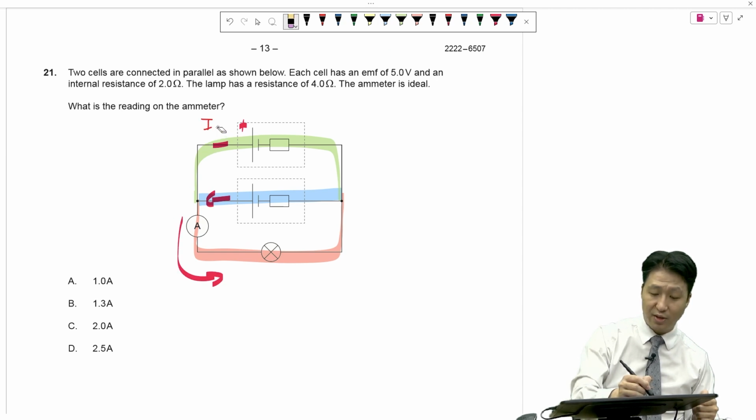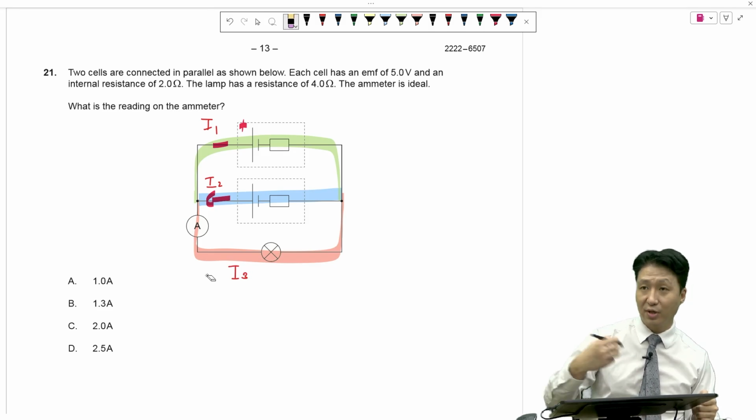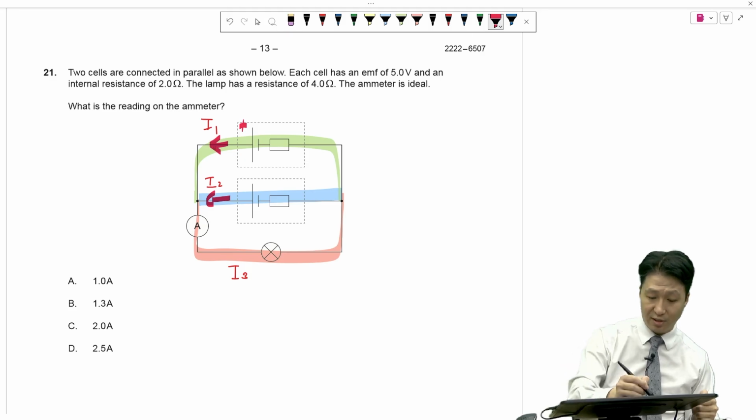The top green wire is going to have a current of I1, the blue wire has a current of I2, and the pink wire is going to have a current of I3. So, according to Kirchhoff's current law, we'll have I3 is equal to I1 plus I2.